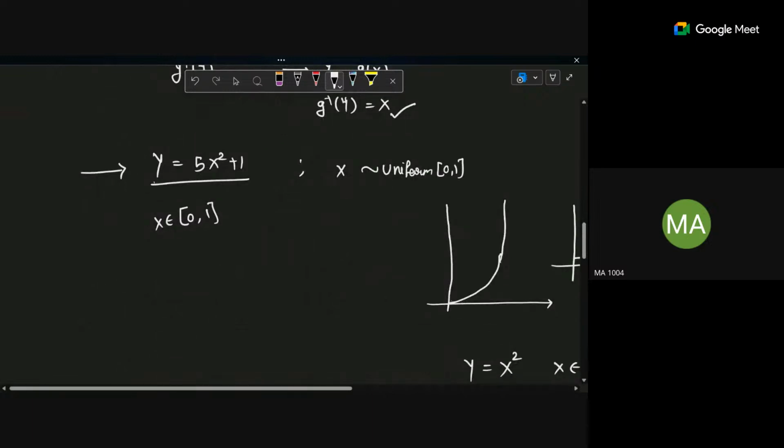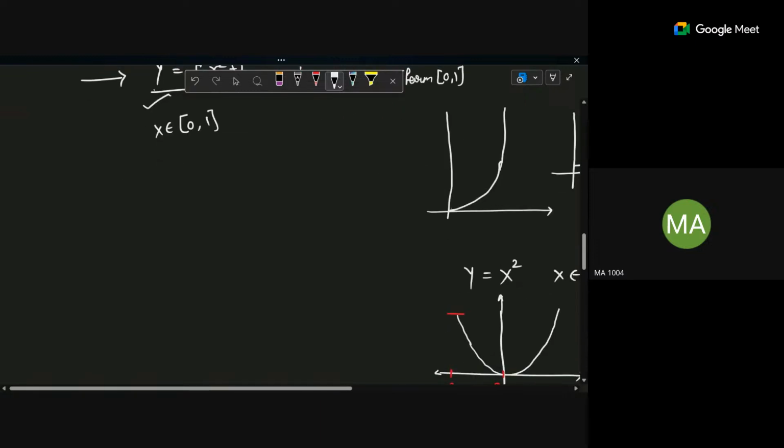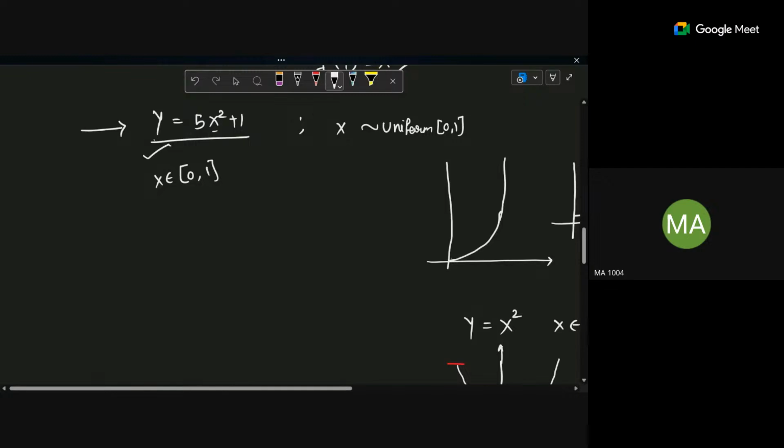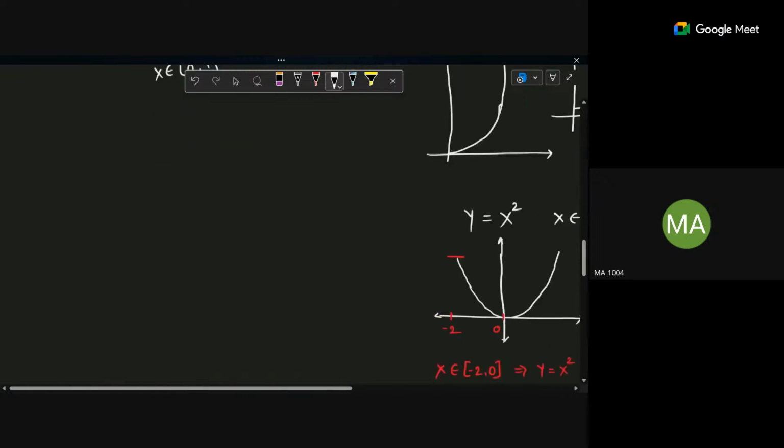So 5x square plus 1, it's monotonic, right? Any doubt on that? Why is it so? Because here the function is x square, the graph will be like this plus 1. That means whenever x is 0, y is equal to 1.